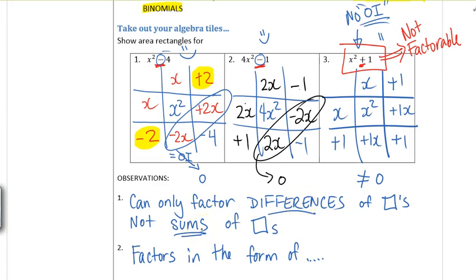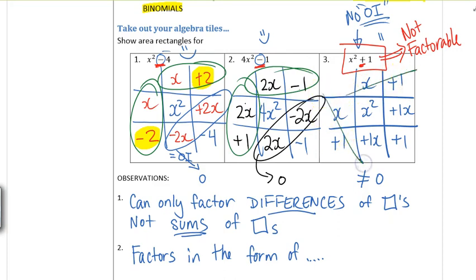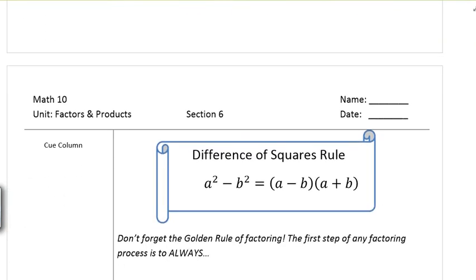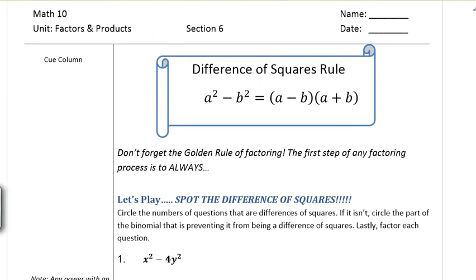That's a big one. And take a look at the answers here. If I grab a different color, these are the factors across the top, and then these didn't even become factors. So there is a pattern going on with the actual factors. I didn't write that down here. And the reason why I didn't write it down is I have it in a scroll.